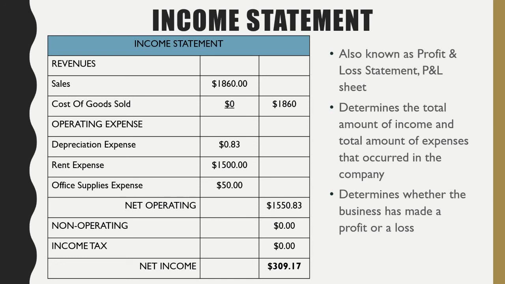And then from there, if it's a positive number, it's a profit. If it's a negative number, it becomes a loss. All right, so that's how we utilize this to determine whether our sales exceed our cost to do business.